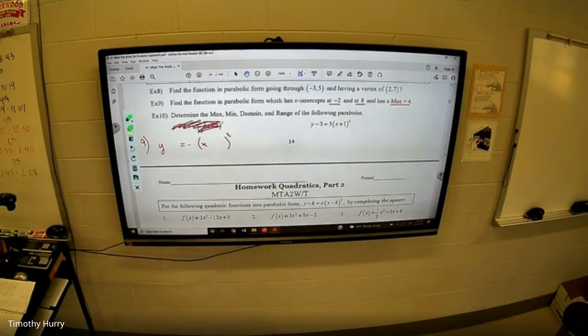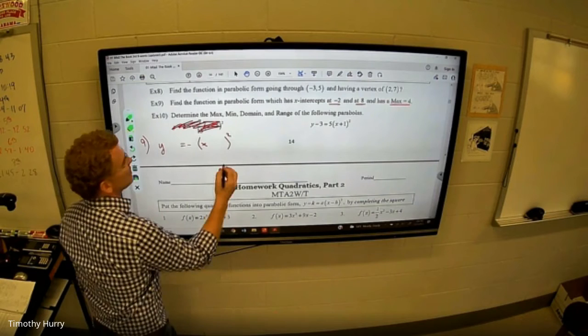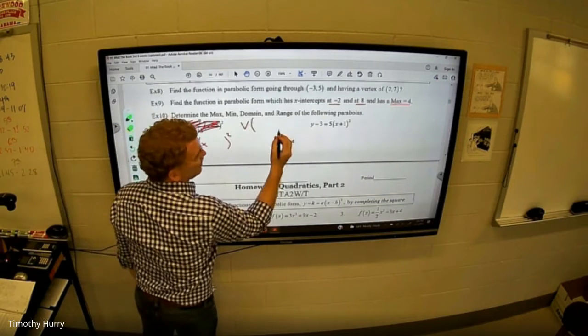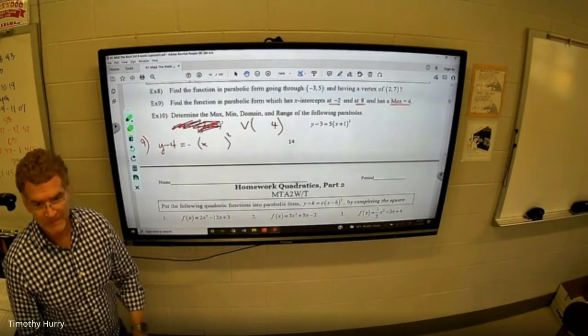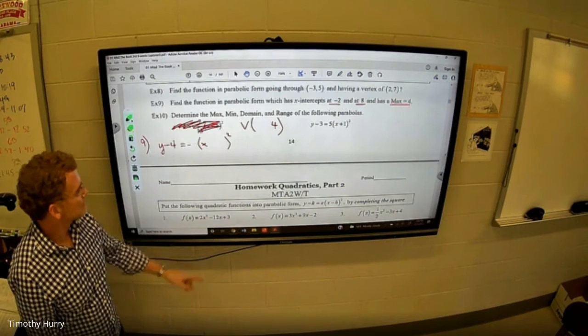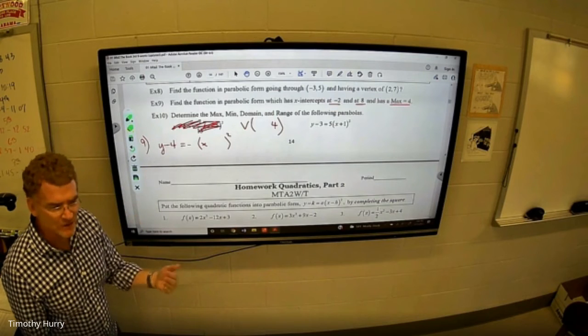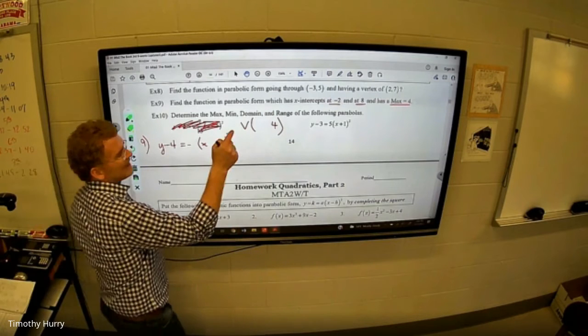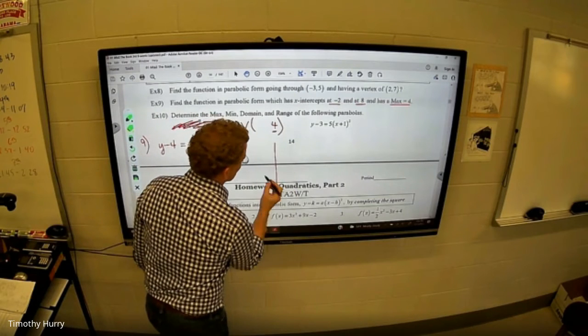It's got to be y minus 4 because the max or the min is always the y coordinate of the vertex. So you also know that your vertex has a y coordinate of 4, which would give you y minus 4. So that you know. Now, what don't you know? You don't know the total vertex, do you? But stop for a second. I may not know the actual vertex this second, but think about the picture that you're given here.